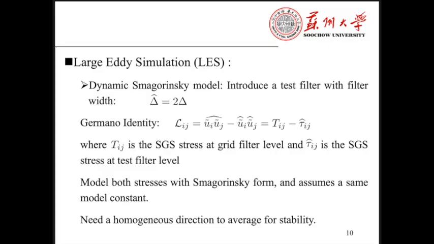So we can get this Germano identity, L ij equals capital T ij minus tau ij hat. Here capital T ij is the SGS stress at the grid filter level, and tau ij hat is the SGS model at the test filter level.